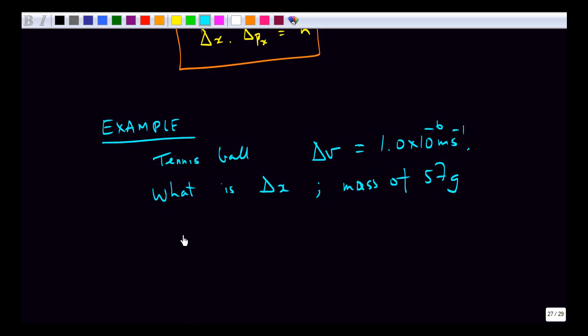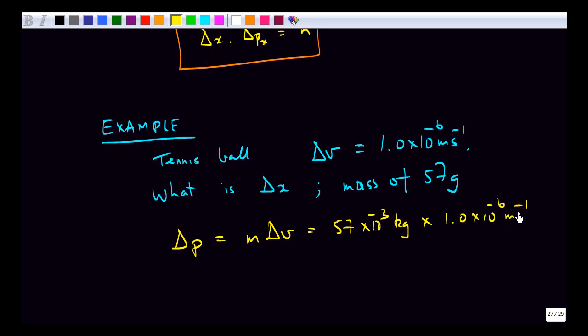So we can write down that delta P is going to be the mass times delta V, and so we're going to have 57 × 10^-3, and again we're converting everything to SI units, kilograms, and the velocity is already given in meters per second, so it's 10^-6, and that's m s^-1.